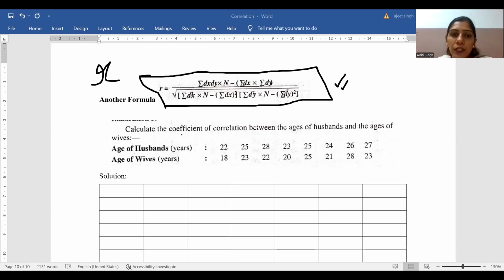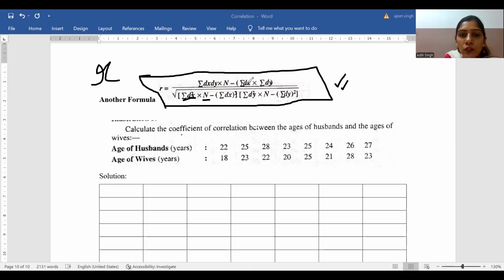After that, we will divide it by the square root of sum of d square x multiplied by n minus sum of dx whole square, again bracket, sum of d square y multiplied by n minus sum of dy whole square.